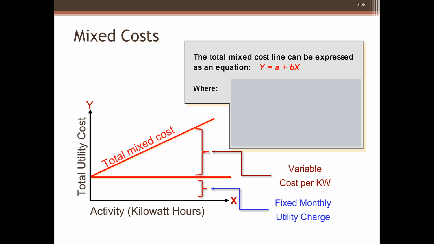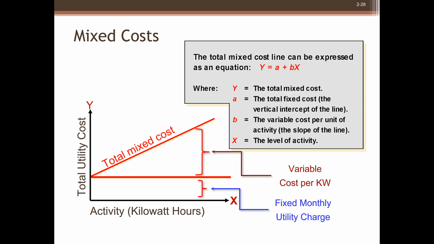The mixed cost can be expressed as the equation y equals a plus bx. Here, y is the total mixed cost. A is the total fixed cost, that's the vertical intercept of the line. B is the variable cost per unit of activity. Here, that's the variable cost per kilowatt hour, the slope of the line.